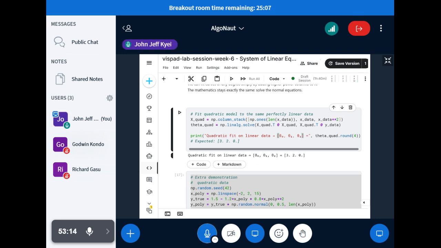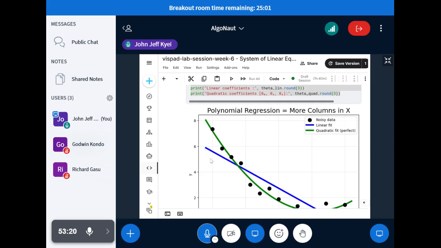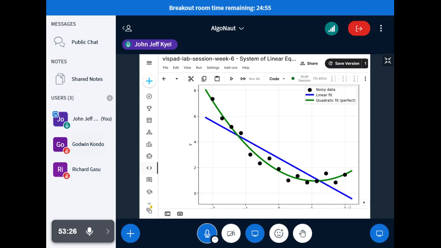As you can see over here, quadratic fit, and then let's plot it to see what it looks like. The blue line is the linear model, the line of best fit using the linear model.